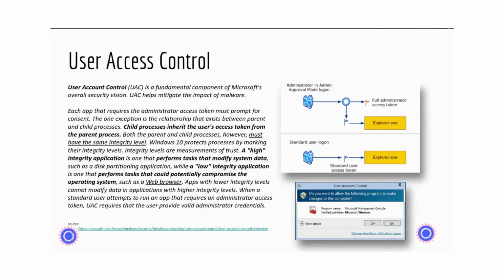Oftentimes, users are assigned local admin privileges, and when their machines get compromised, the attacker can become local admin as well. But UAC blocks easy access to high integrity level. So an attacker has to find either a UAC bypass or some way to completely turn UAC off.